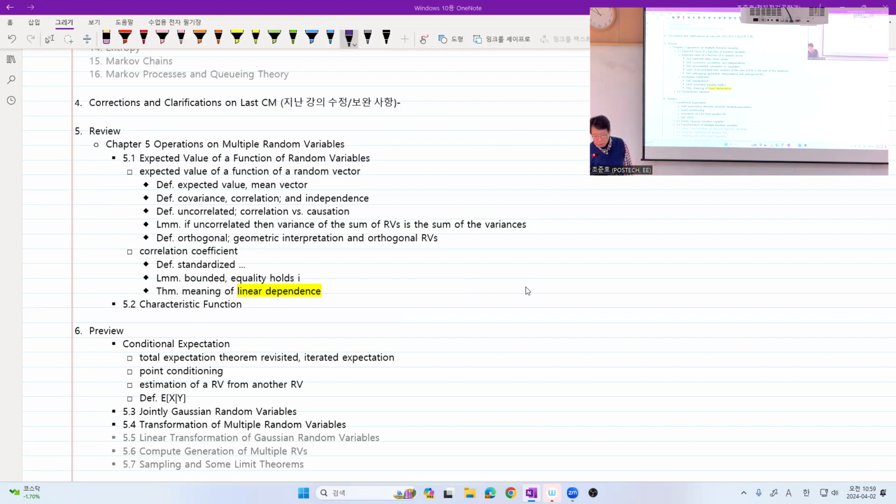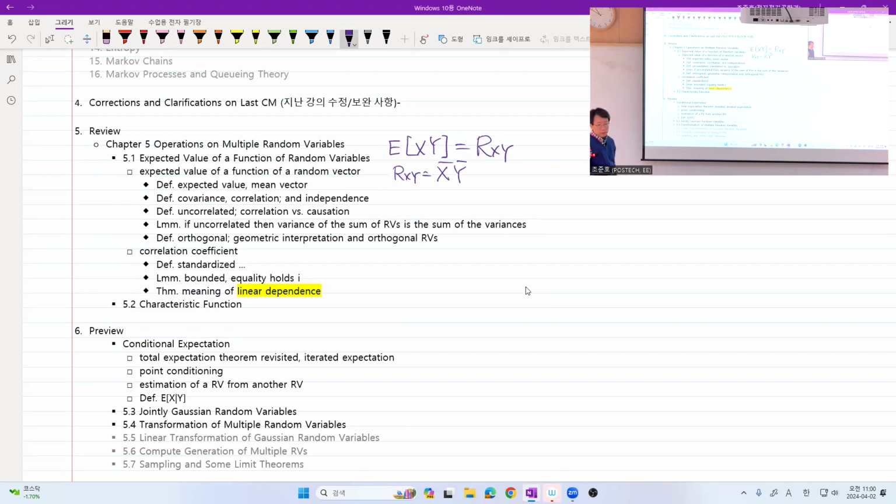Given two jointly distributed random variables X and Y, the first thing was the so-called correlation, with the notation capital R sub XY. Once we defined it, we found some interesting cases where the correlation becomes the product of means.